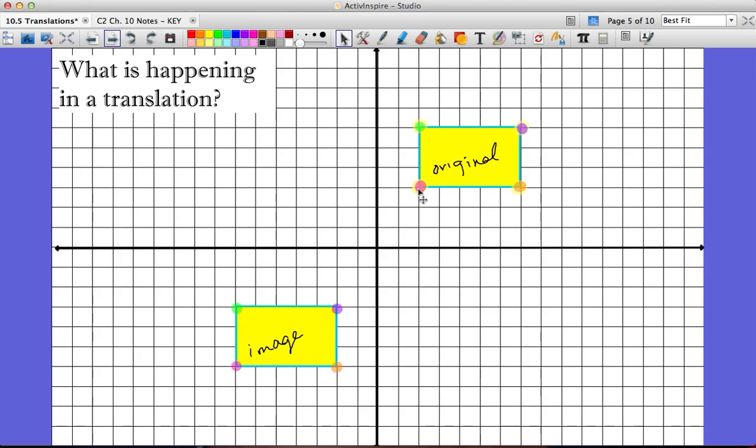So what I can do is count and see how many places my vertex moved. If I use the pink, I can look and see that first it moved to the left 1, 2, 3, 4, 5, 6, 7, 8, 9.